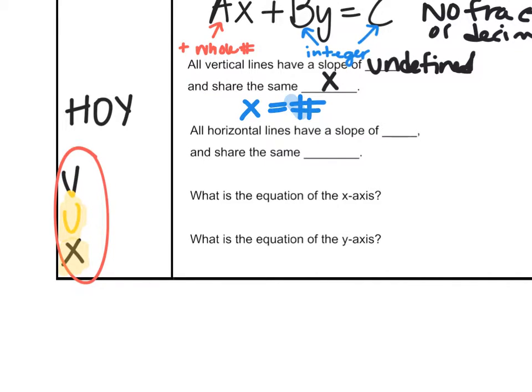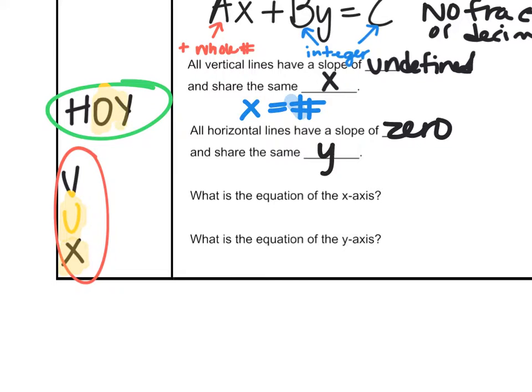Next one, all horizontal lines. So now we're looking at HOI. Horizontal lines have a slope of 0. You can think about slope, dude. This is 0 fun. And share the same y. You see it here on our acronym or our mnemonic device.